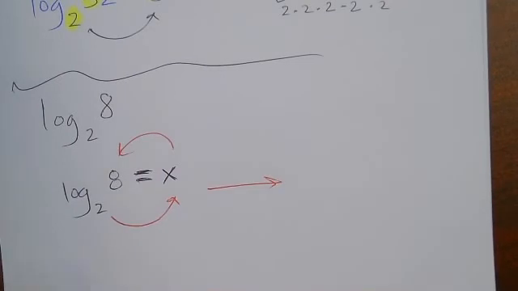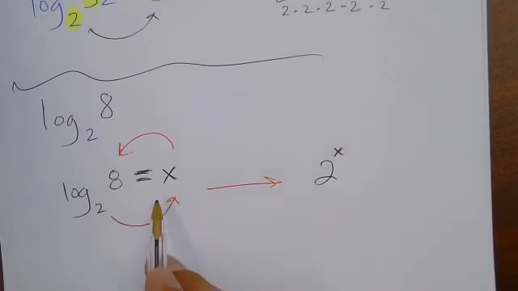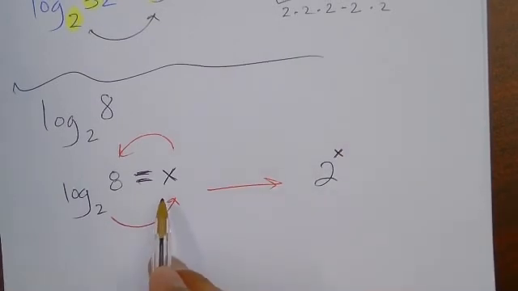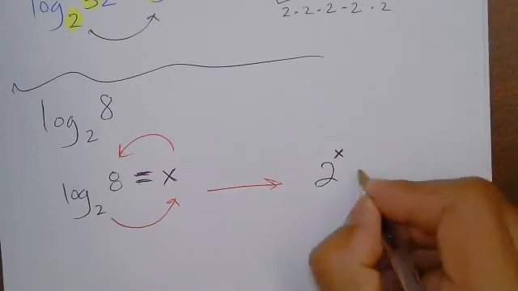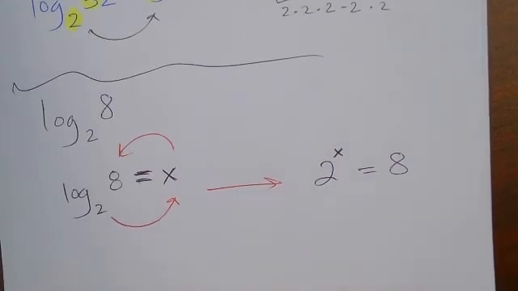Counterclockwise. So how do I write this in exponential form? 2 to some power, right? That's the part that we don't know. That's the part that's missing. 2 to what power equals 8?